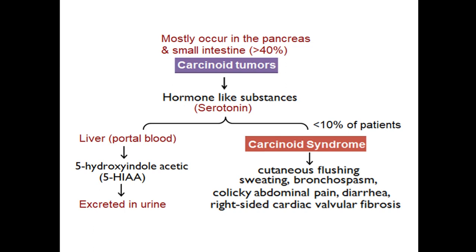The serotonin, in its effect on the gastrointestinal tract, can cause colicky abdominal pain and diarrhea. Its effect of activating the fibroblasts causes increased synthesis of collagen, particularly in the right side of the heart, and may cause thick and rigid heart valves.